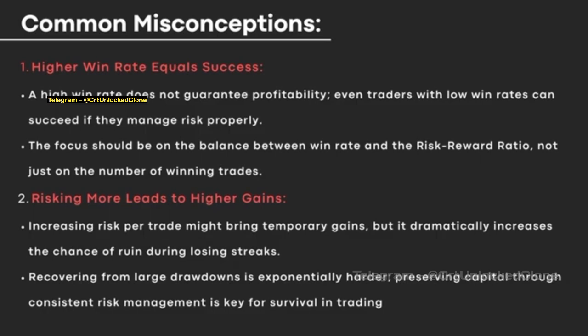Recovering from a large drawdown isn't just a simple matter of making back what you've lost. It's exponentially harder because you are working with a smaller base of capital now, and your mental and emotional state is also vulnerable and fragile, which can lead to irrational, impulsive decisions that make you lose even more.